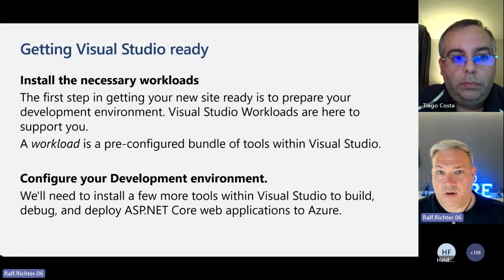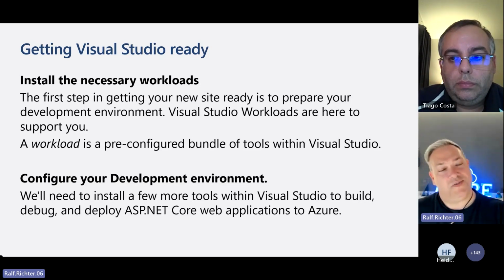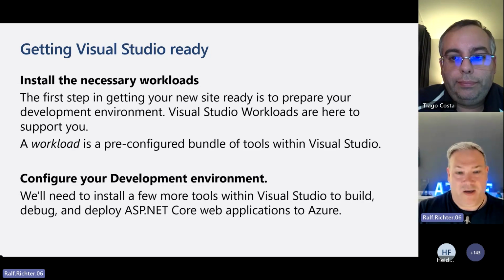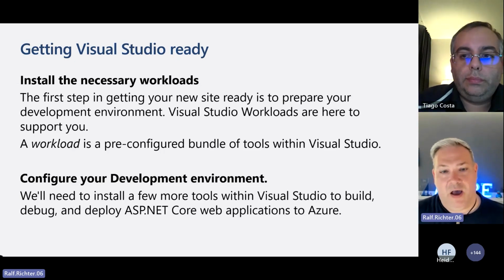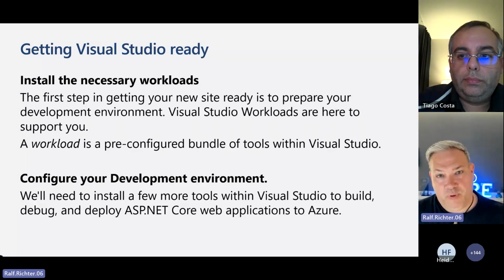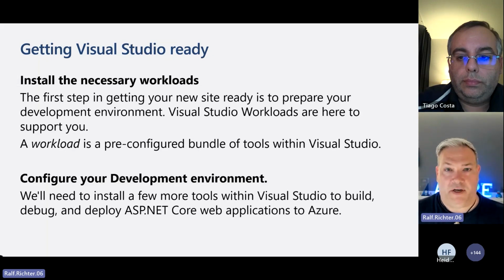Workloads are pretty much nothing more than pre-configured bundles of tools you can install into your Visual Studio, which can then be used by you to get your things done. And therefore, we have to install a few tools within our Visual Studio to build and debug and to deploy our ASP.NET Core web app application to Azure.